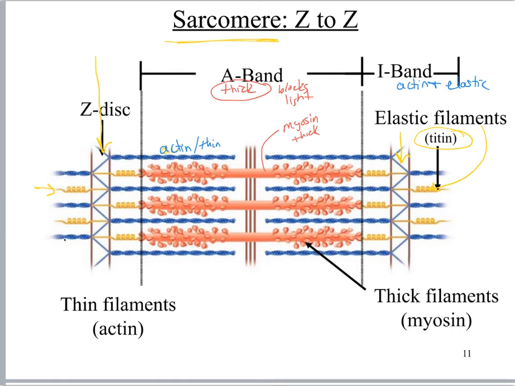Because you don't have the thick filament, less light is blocked, and so it's a lighter color. Okay, so what do you need to memorize? You need to memorize that actin goes with thin filament. You need to memorize that myosin goes with thick filament. You need to memorize the Z disc, A band, I band, and to a lesser extent the elastic.